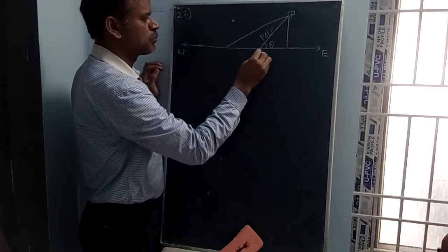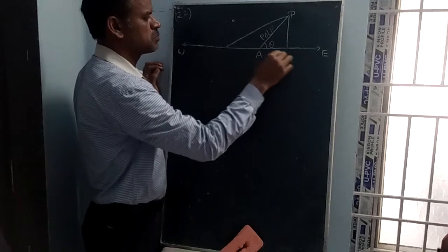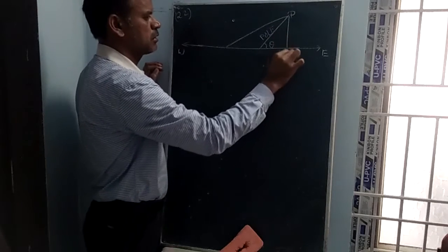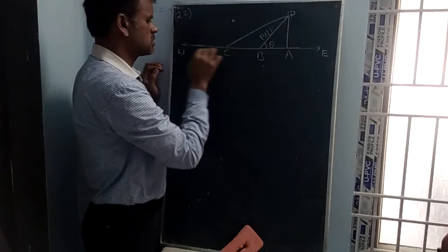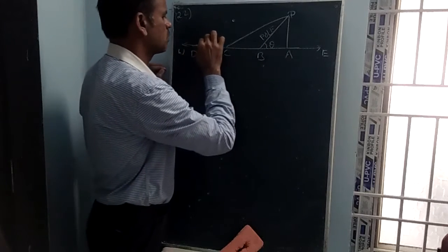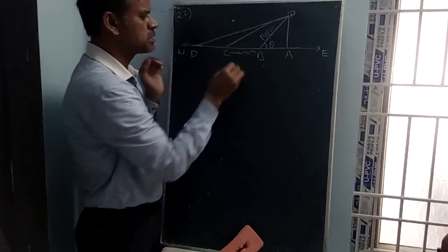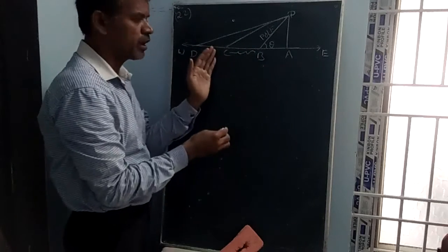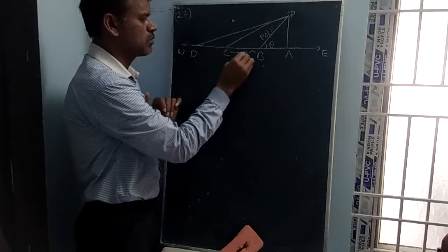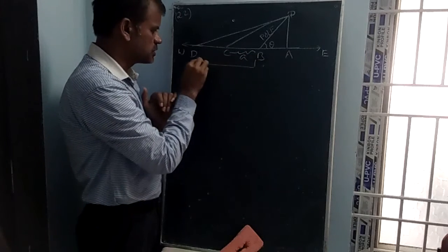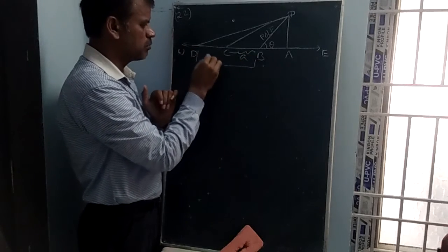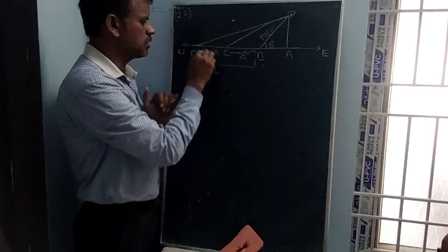Let this be A, this is B, this is C, this is D. CB is equal to the distance from the foot of the pole to an observer. First observation point is small a, and this is observation point small b. So this becomes b minus a.